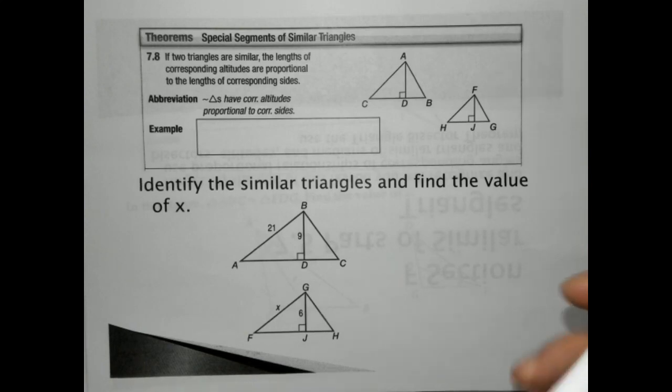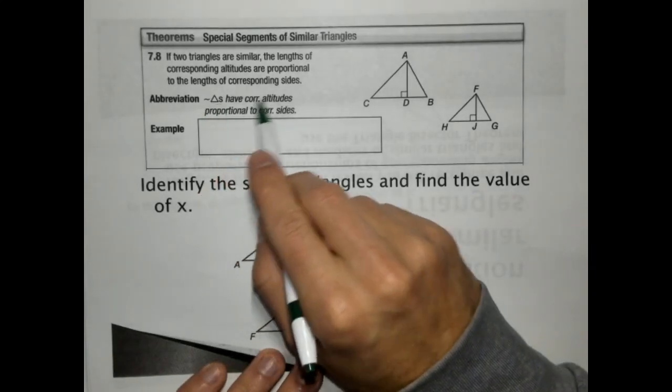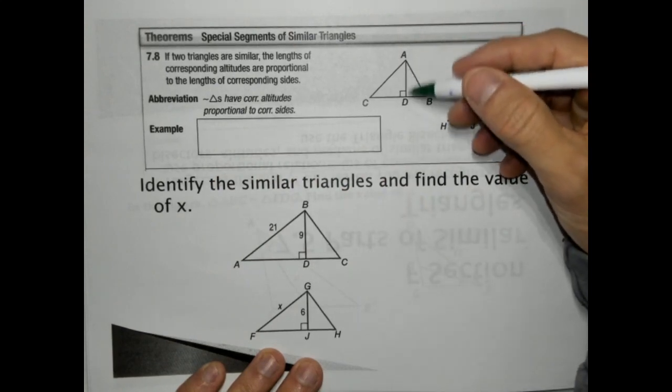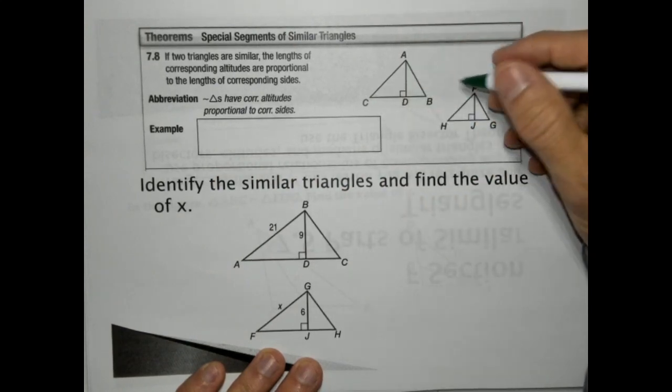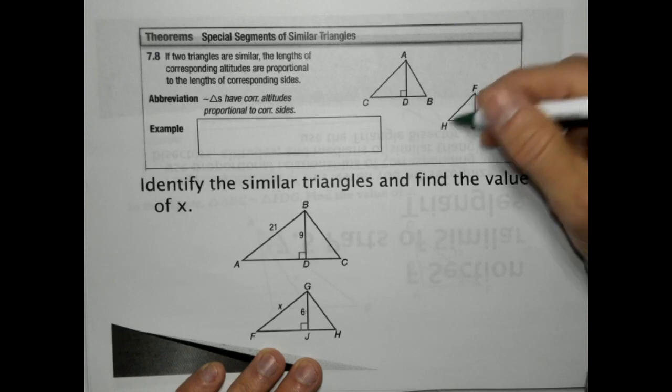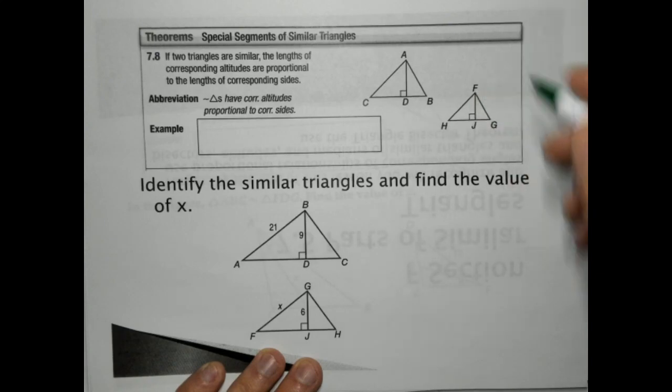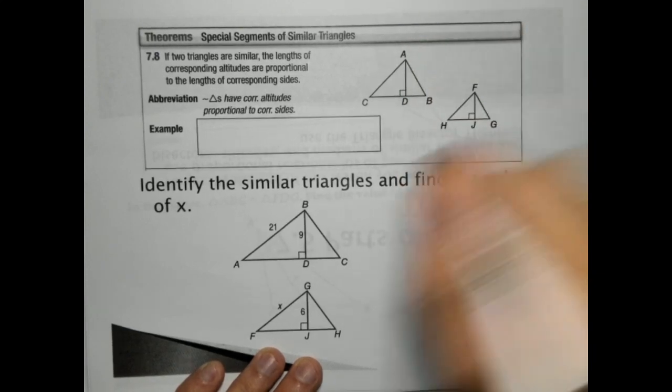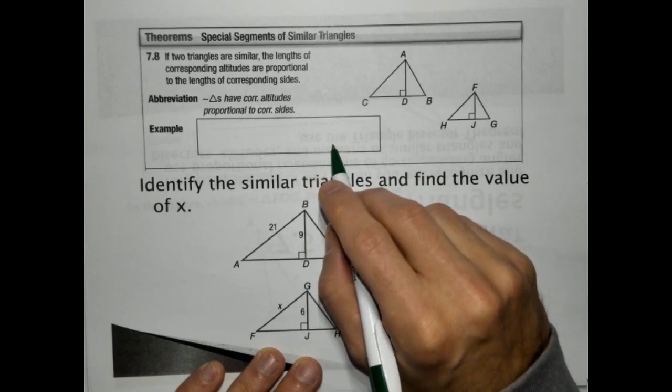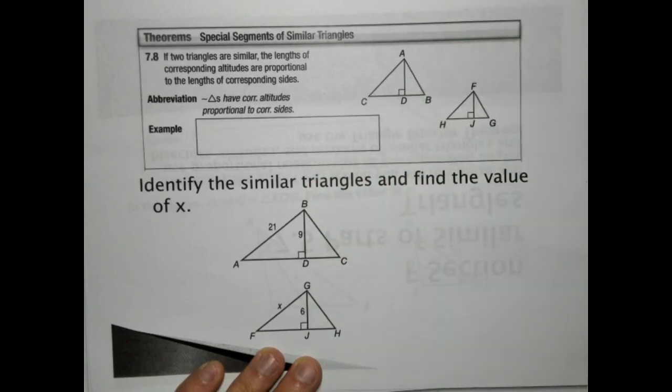So this would be the altitude. AD would be the altitude of triangle ACB, and the altitude of triangle FHG would be FJ. So here's the altitude, here's the altitude. Let's show what I'm talking about. We're going to go blue over red.